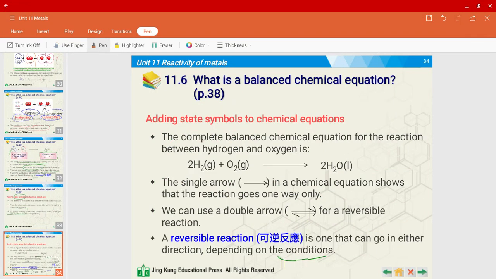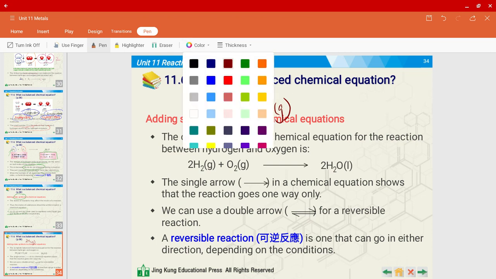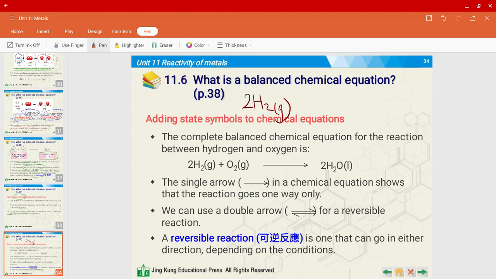So let's have a look at an example. Over here, I know that hydrogen is a gas. So I'm going to write down in brackets g. So something like this, 2H2, and in brackets g. You would write it in the right corner, right at the bottom. And then I have oxygen. Oxygen is also a gas.